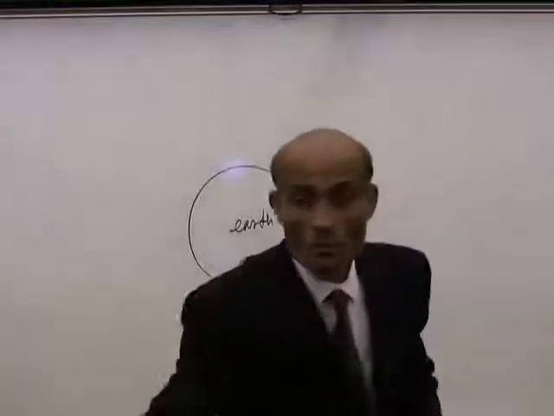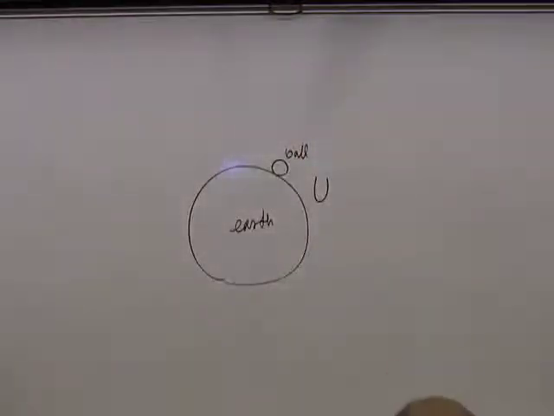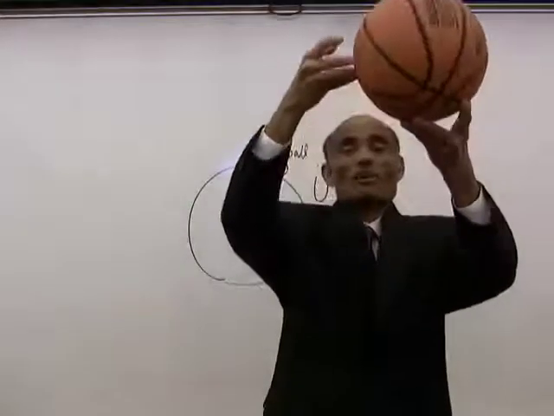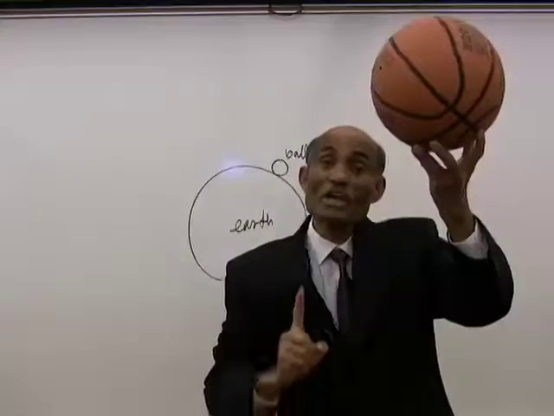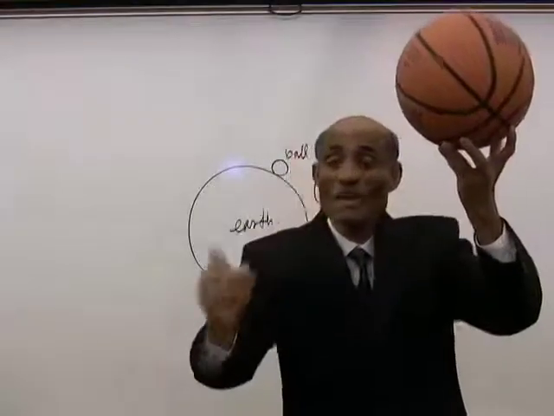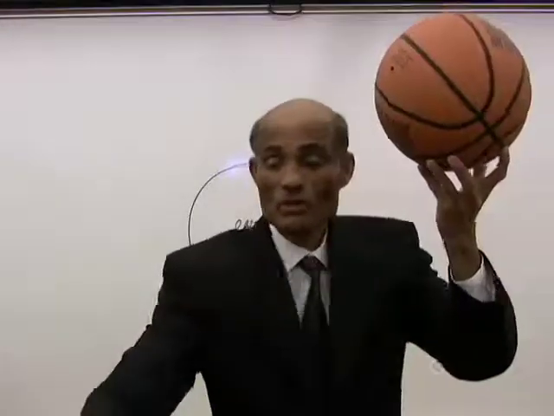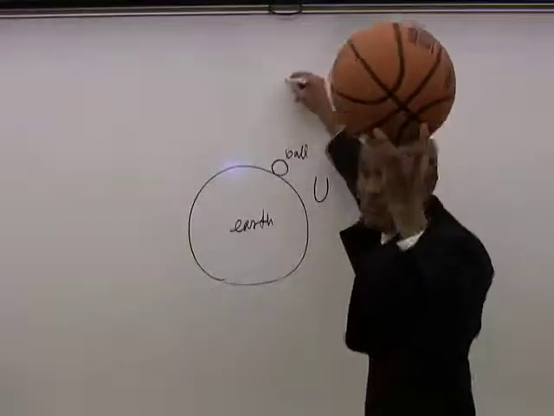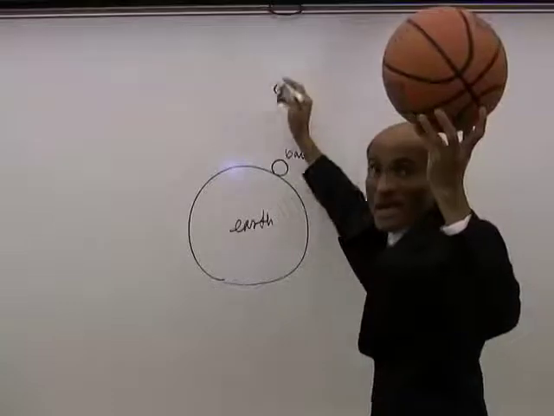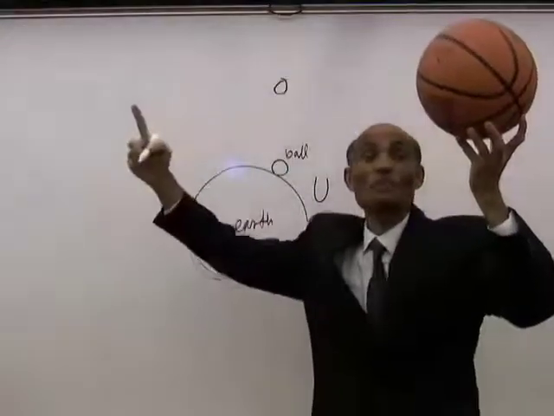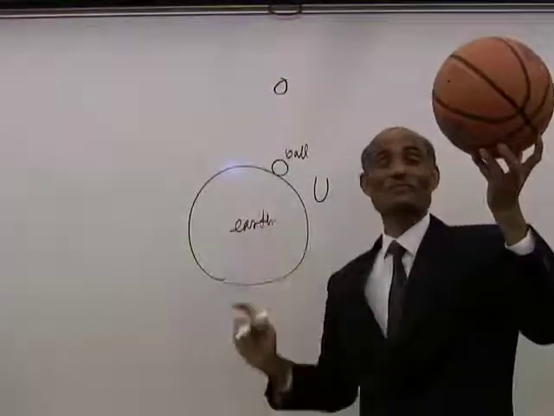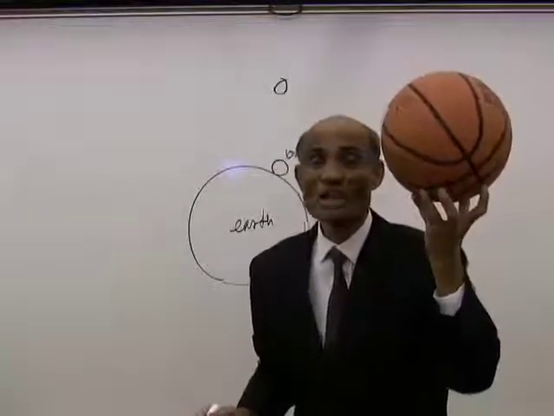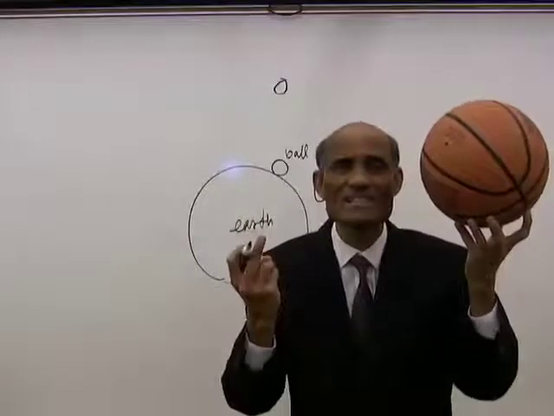What happens when I lift the basketball up? Look at that. I'm lifting the basketball up. What did I do? I increased its potential energy. So, if I take this basketball away from the surface and keep it there, I am increasing the potential energy of the system. So tell me, when do you have the potential energy of a system the least?